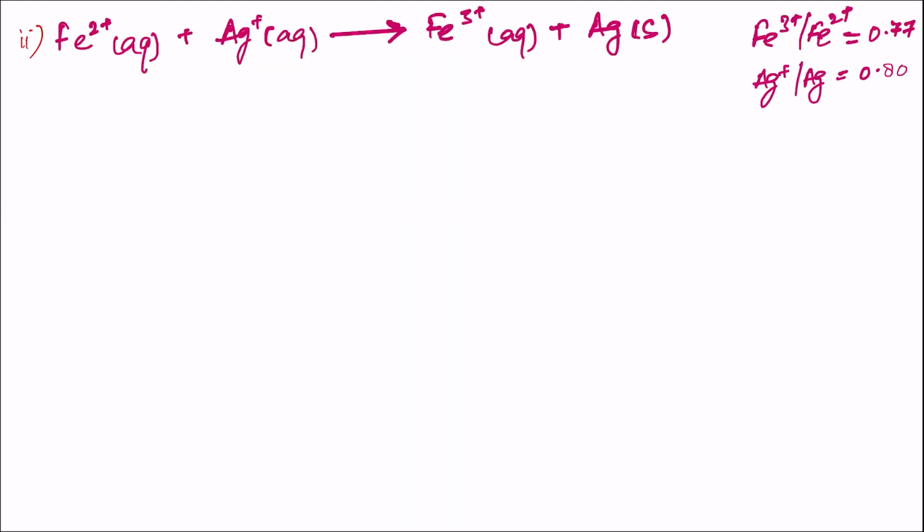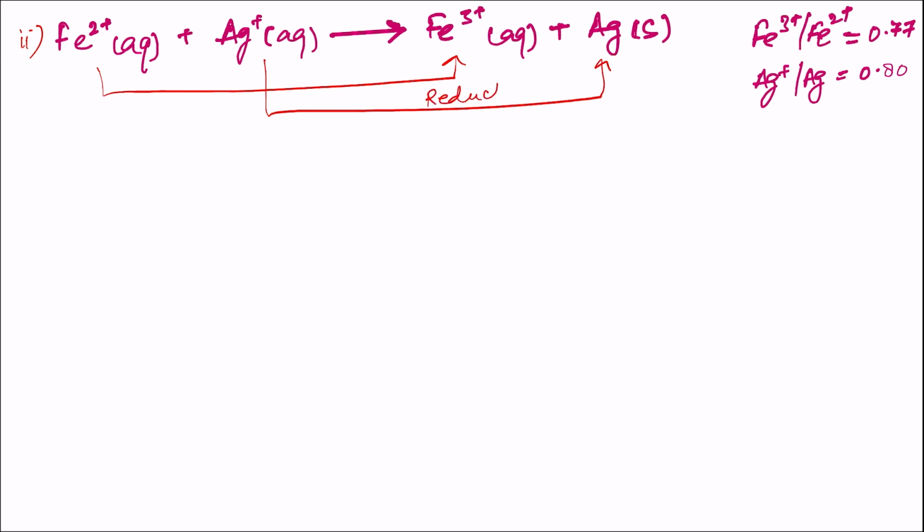Now in this cell, iron is undergoing oxidation and silver is undergoing reduction. Reduction potential of iron is 0.77. Reduction potential of silver is 0.80.